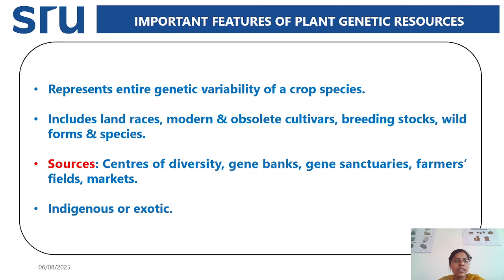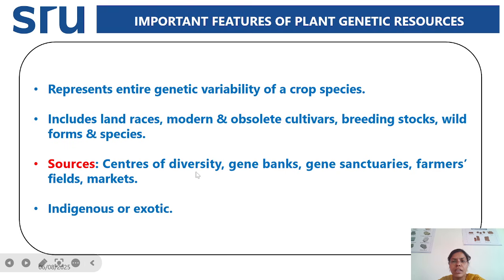Land races are the primitive cultivars which were developed and cultivated by farmers without any systematic breeding efforts. Next is modern cultivars, which are the presently cultivated cultivars. Next is obsolete cultivars. Obsolete cultivars are the varieties of the recent past, which were popular once upon a time but have been replaced by high yielding modern cultivars.